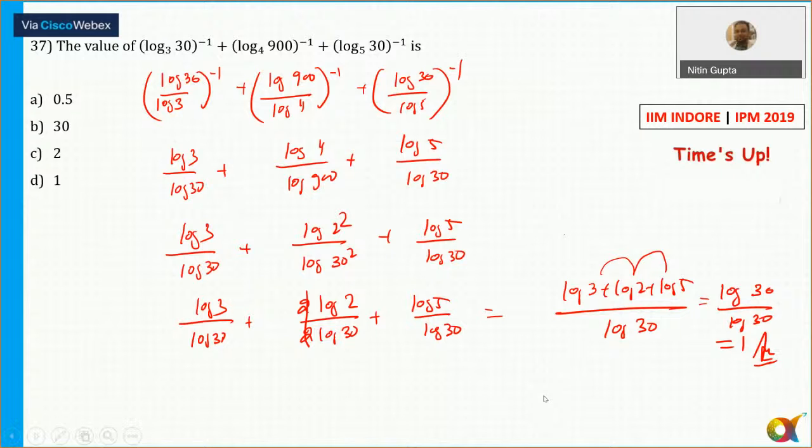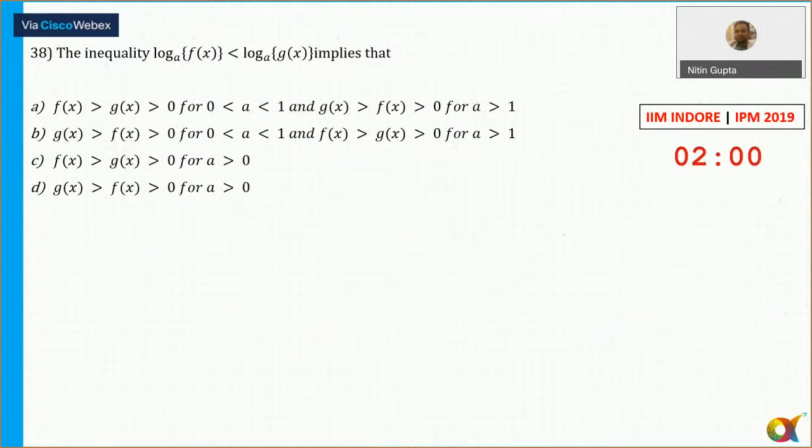Try question number 38 now. A very easy one. Your timer has started now. Try.